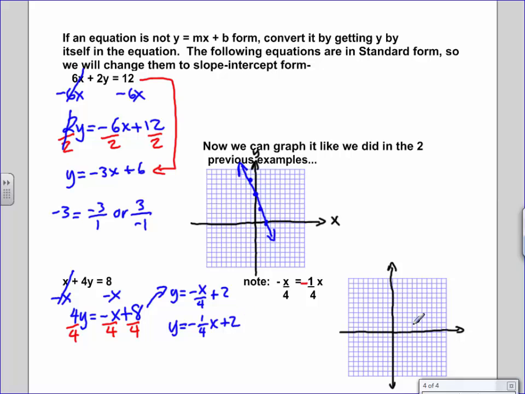Start at positive 2, put a mark. Then go down 1, because we're saying this is negative 1 over 4. Down 1, right 4. And just to help me draw the line, I'll go down 1, right 4 again.